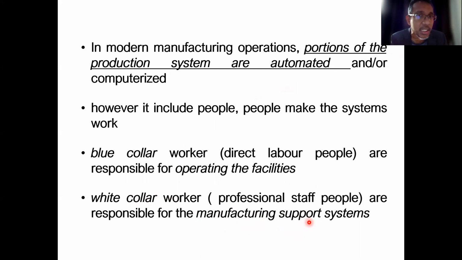The blue collar workers are direct level workers. They are responsible for operating the facilities. Normally they are skilled workers who operate specific machines in the factory. These two, blue collar and white collar workers, are one part of the production system.